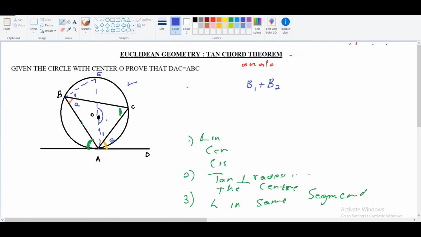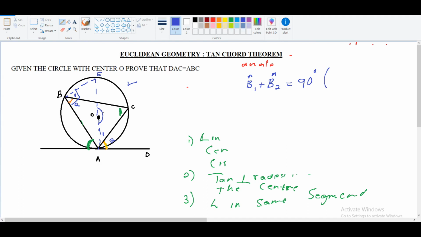The angle is 180, and we know that the angle at the center is twice the angle at the circumference. So the angle becomes 90. You are saying that B1 plus B2 is equal to 90 degrees. You must put the caps to show that you are talking about angles.